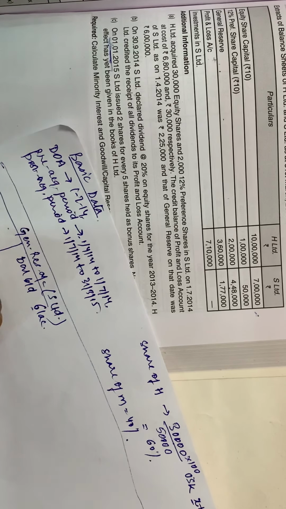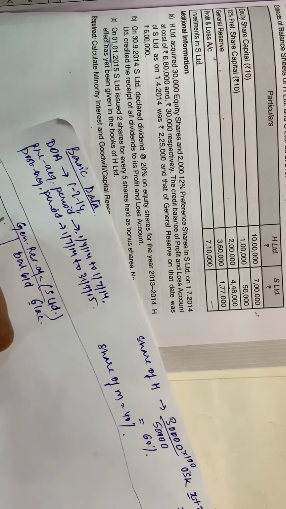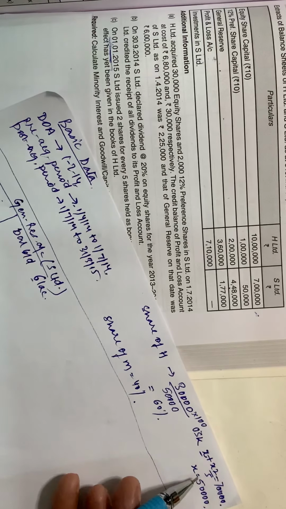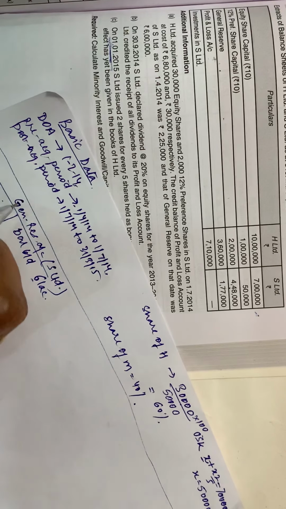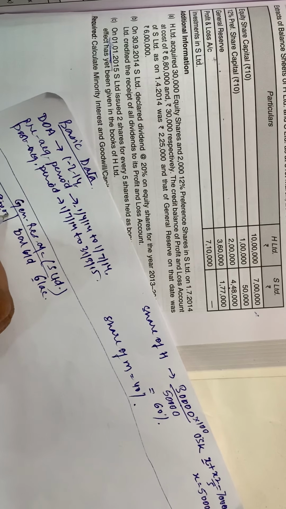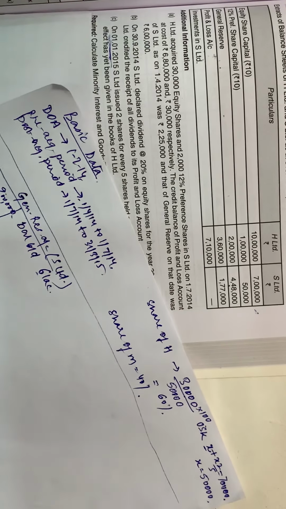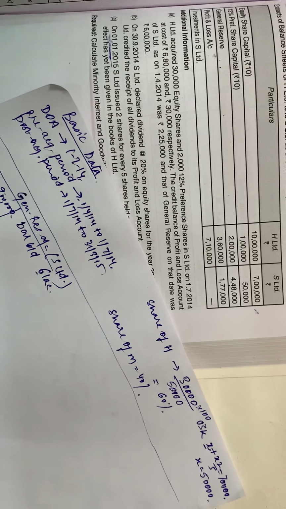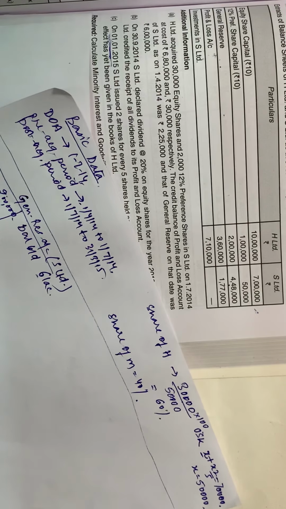You have done or issued bonus to the extent of, we just now calculated, it is coming out to be the difference of 20,000 into 10, that is 2 lakhs. So 2 lakh amount is being used from the general reserve account for the issuance of bonus shares.